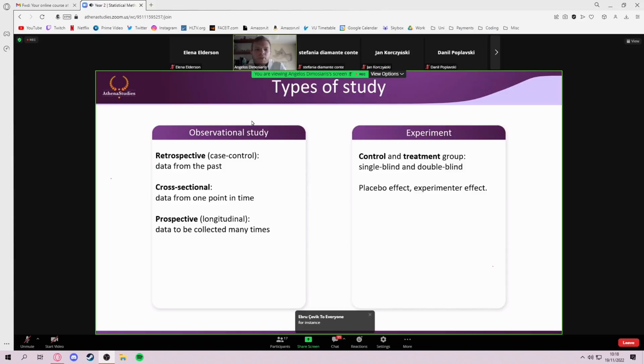The subject is unaware of what drug has been given, when the person tested doesn't know what is tested.